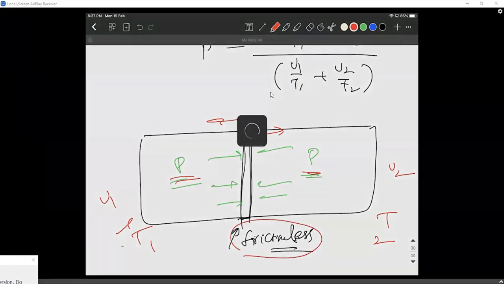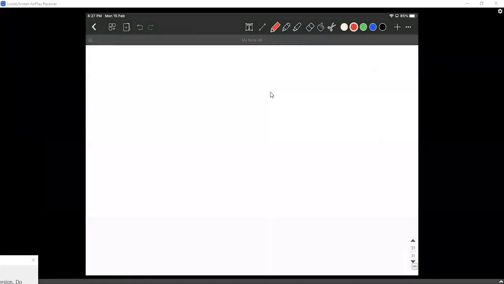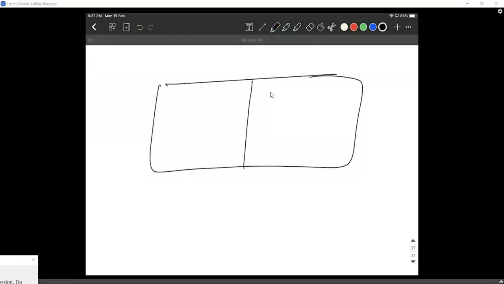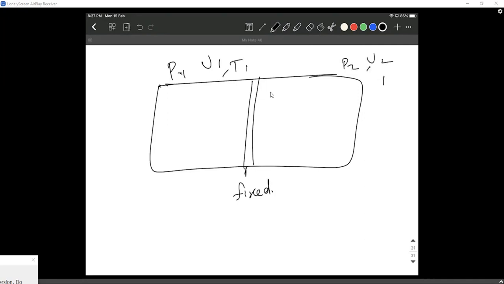There could be questions where the piston is fixed. Another model, a completely different style. The same problem, but the piston this time is fixed. So now the volumes cannot be changed, the pressures can be changed. Let's say P1, V1, T1 is the initial situation on this side, and P2, V2, T2 is the initial situation on the other side.